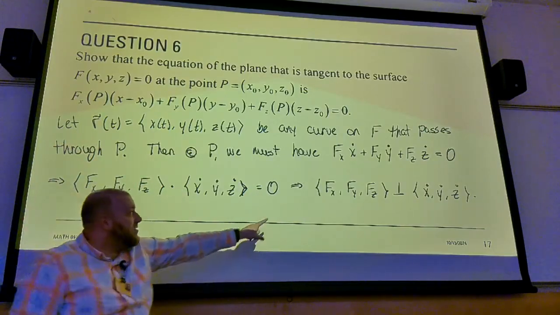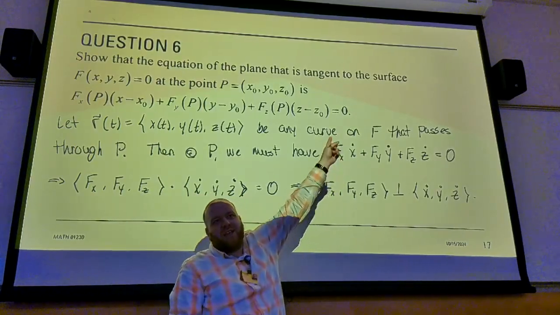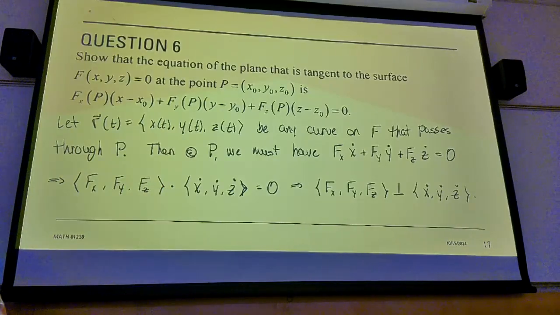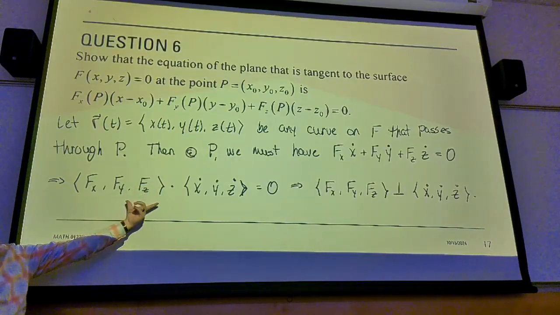Because now we're saying x is a function of t, y is a function of t, and z is a function of t. Right? Another way of saying that, if you look, isn't that a dot product of two vectors, which equals 0? Which means your two vectors have to be perpendicular.